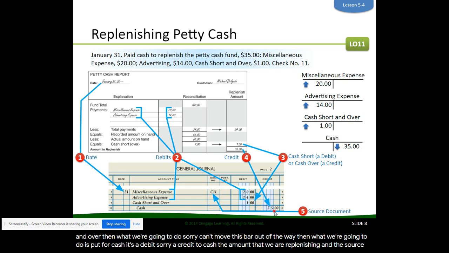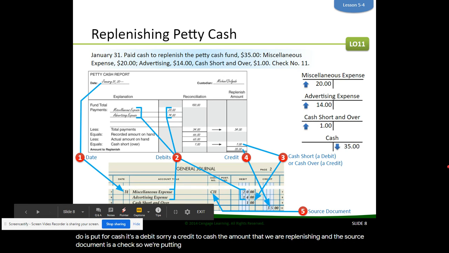And the source document is a check. So we're putting all of our expenses plus cash short and over. And then when cash is short, we debit cash short and over. If it is over, we would credit.